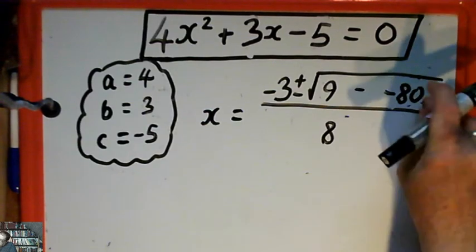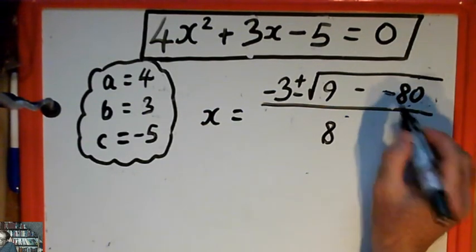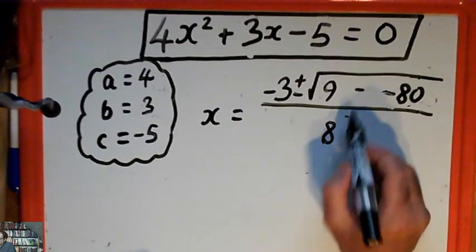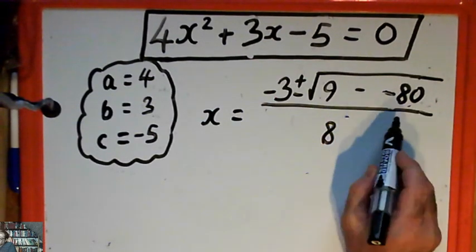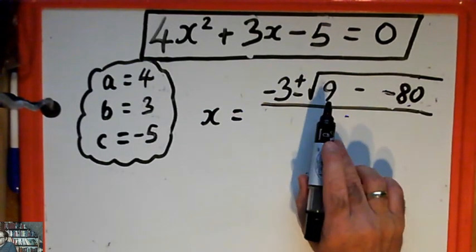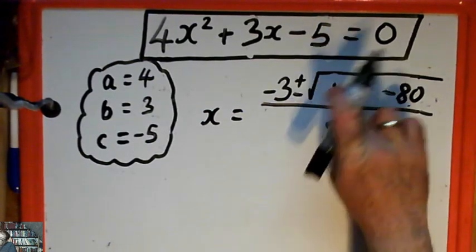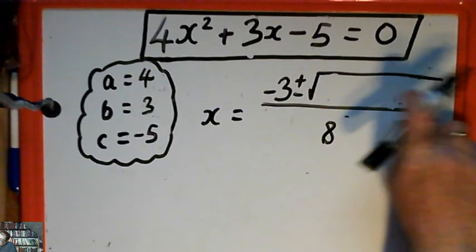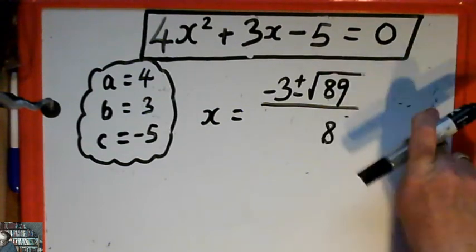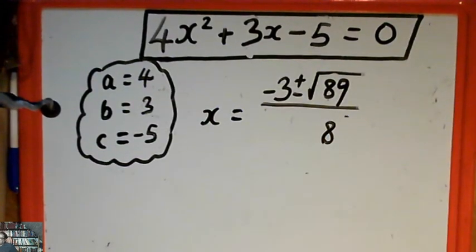But this is where we might go wrong, because we've got a minus 80, but we've got another minus that was just in the formula. So we get 9 minus minus 80. Minus minus together make plus. So that's the same as 9 plus 80, which is 89. So I'll replace that with an 89. And that gives us our two solutions.